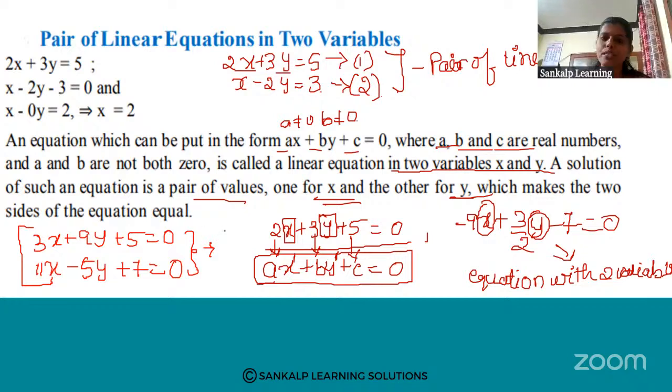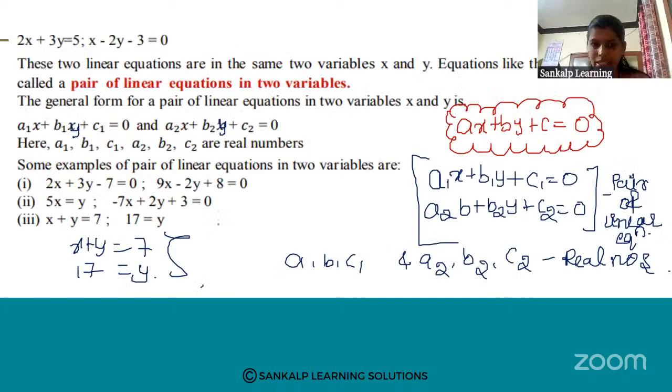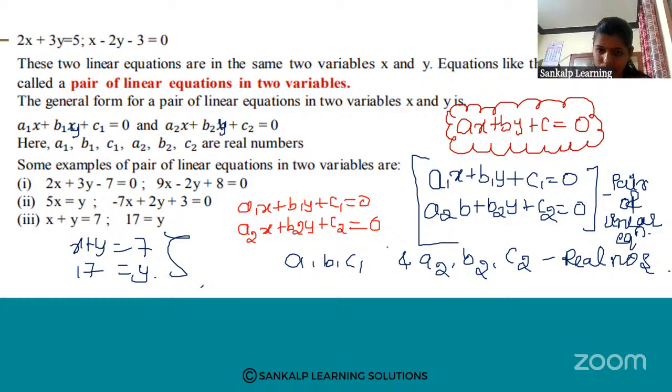So what is the general form of a pair of linear equations in two variables? That is a1x plus b1y plus c1 is equal to 0 and a2x plus b2y plus c2 is equal to 0. This is the general form, or you can say the standard form, of linear equations in two variables.